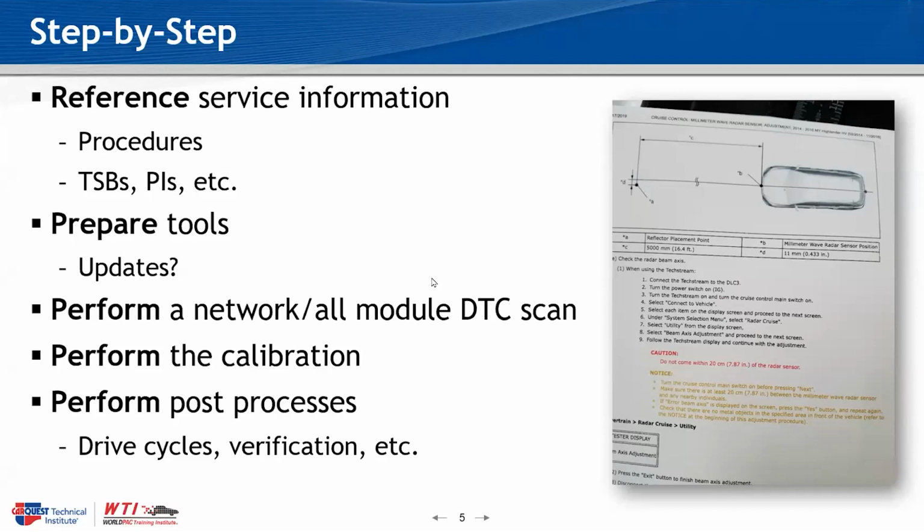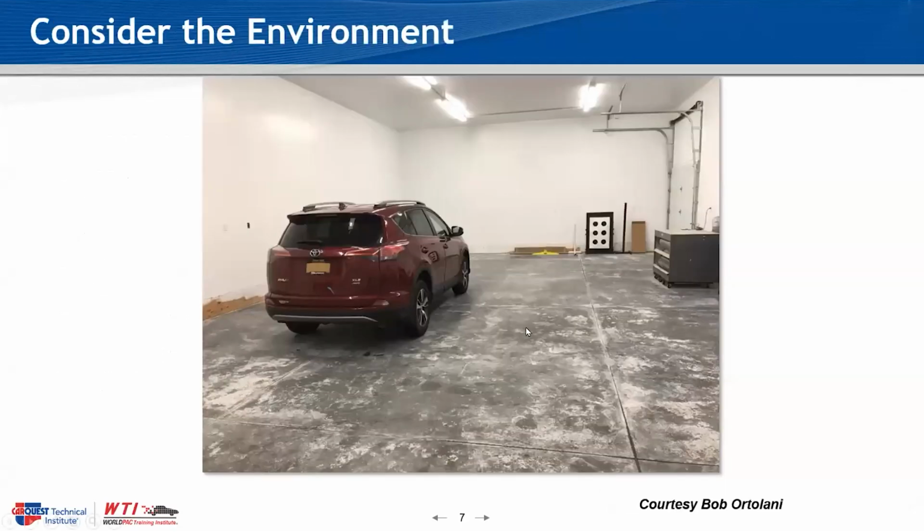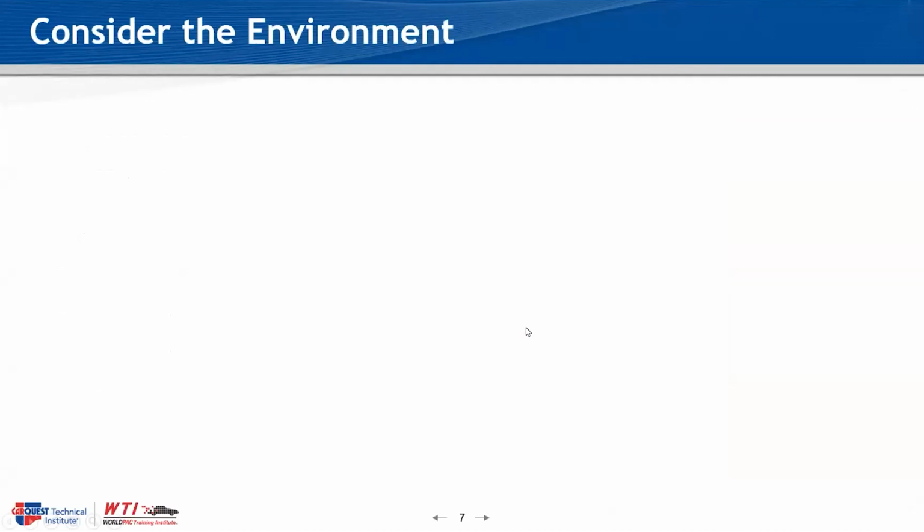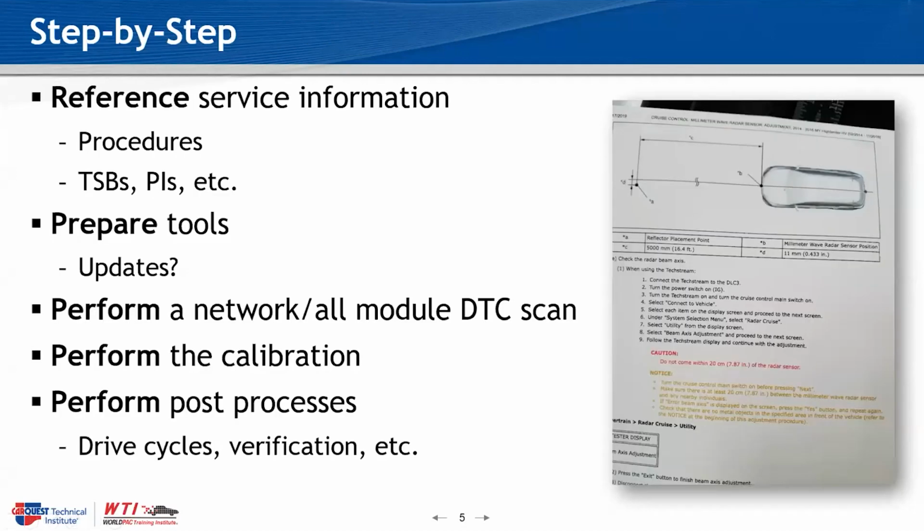So when we talk about performing the calibration and considering our environment like we talked about before, a big part is your shop area, right? Seeing that previous slide that I just moved away from, there is a small diagram there with this one particular vehicle requiring 5,000 millimeters, which is the measurement from the front of the bumper to the target area, an area where the target would be on that Toyota, which is 16 feet.